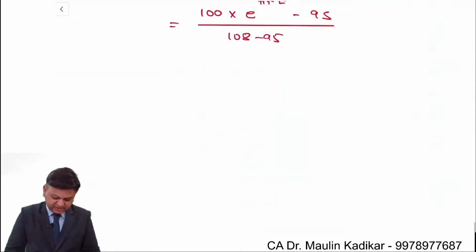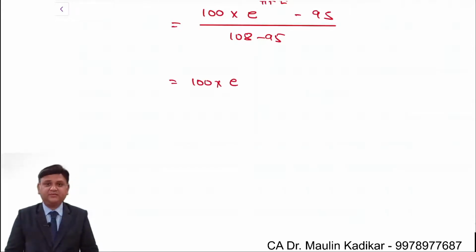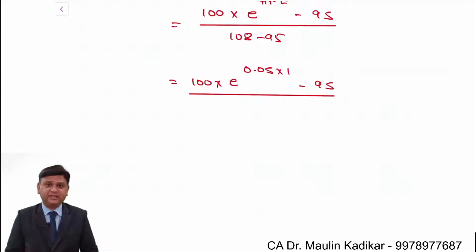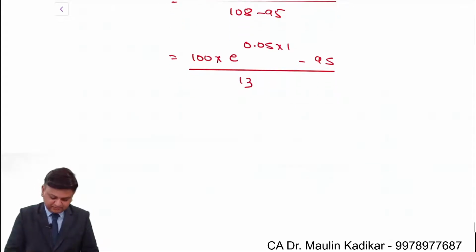So it is 100 into e raised to RF, where RF stands for the risk-free rate of return, that is 0.05, into T, where T stands for the time period. Minus 95 divided by 108 minus 95, that comes to 13.